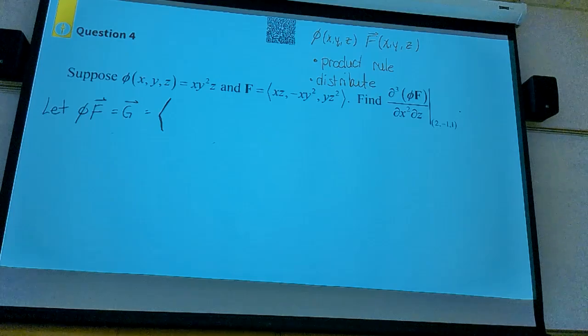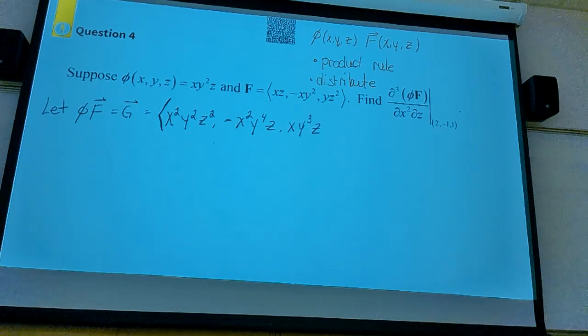All the operations that we used with vector-valued functions are still valid. So the way that we do the scalar multiplication is the same. x squared y squared z squared is the first component. Then it'd be what? Negative x squared y to the fourth z, and x y cubed z cubed.